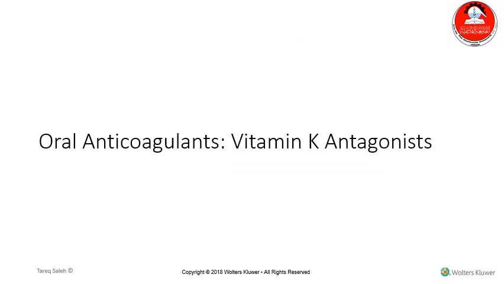Next, we'll now move from discussing parenteral anticoagulants such as heparin, argatroban, and fondaparinux, and we'll now start discussing oral anticoagulant agents, or what we refer to as vitamin K antagonists.